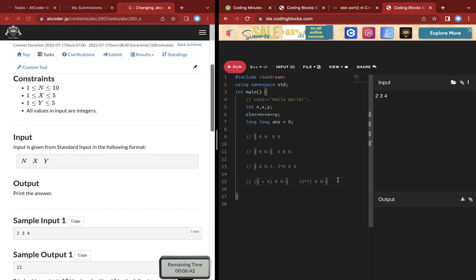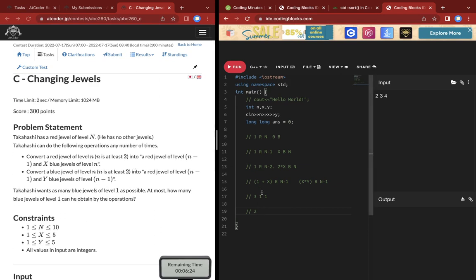Let's pick a jewel of level 3 and it yields 1 and 1. So 3 goes to 2 and it increases the number of, let's go by 2 here. So it all depends, I think. I don't know. So 2 blue and 1 red. So 1 red of level 2 and 2 blue of level 1.